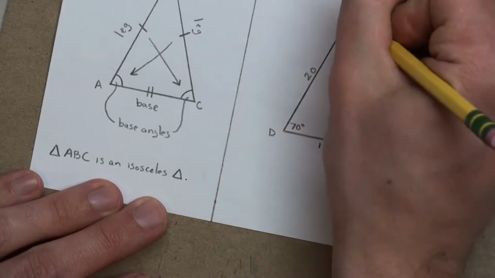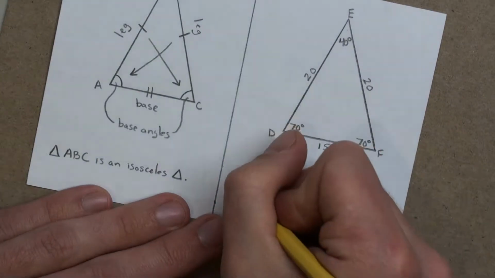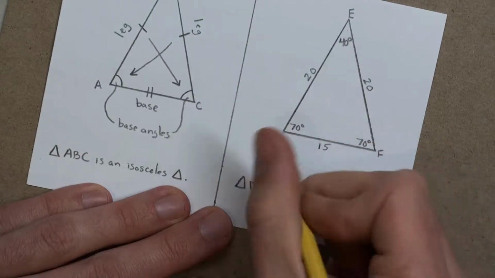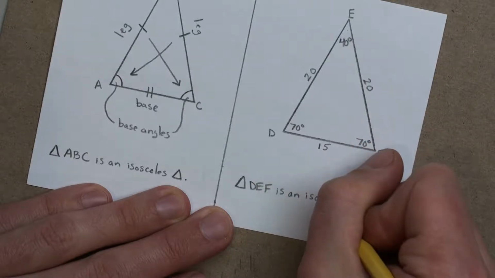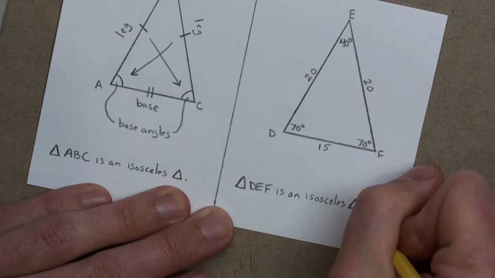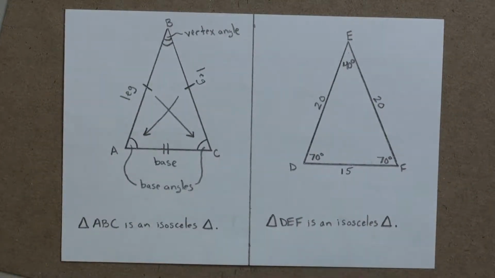Let's call this D, E, F. So triangle D, E, F is an isosceles triangle. Alright? So that I think is good enough for this one. That was card 70.